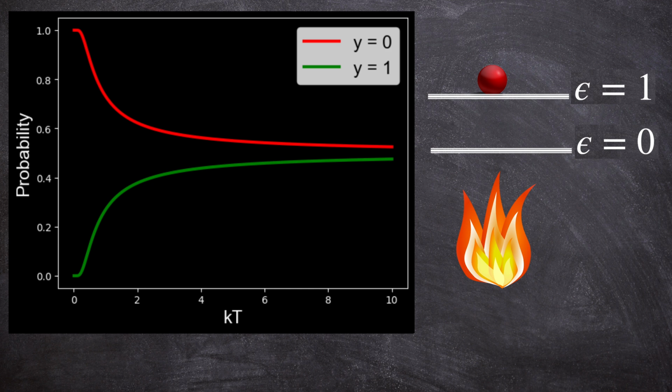So it has to stick to the value of 0. But when the temperature is high, the particle, or the y column, has enough energy to take any of the two energy states, and therefore the chance of taking them becomes equal, 50%.